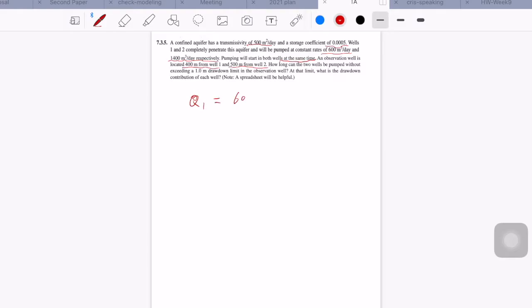is 600 cubic meters per day and R1 equals 400 meters. And the T is 500 square meters per day, and the storage coefficient is 0.0005.